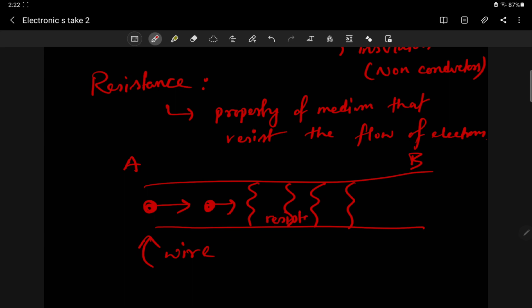It's in the name, right? Resistance. Actually, I should have written it down at the bottom. Apologies for this. So this property of the medium is known as resistance.